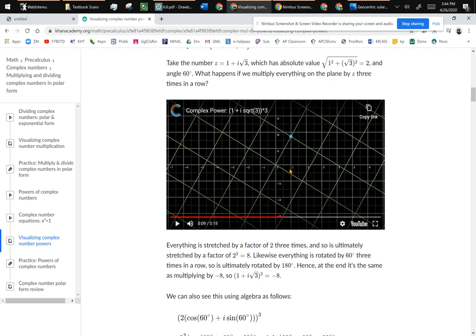So that would be 1 plus i root 3 to the first power, right? What happens if you do 1 plus i root 3 to the second power? Well, remember, you'd add the angle, so you'd add another 60 degrees, so 60 plus 60 is 120, and you'd multiply again the radius by 2, so instead of having a distance from the pole of 2, you would then have it at 4.